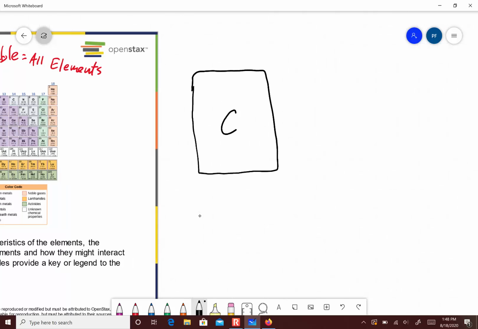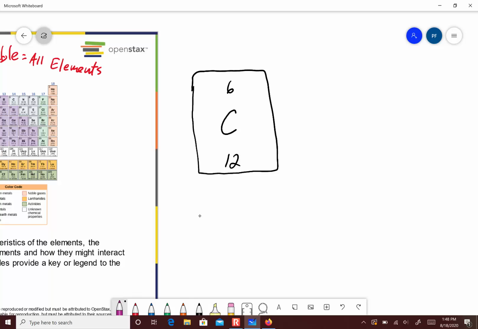Then you're basically going to see three things in it. There are different kinds of periodic tables, so the exact periodic table may have more or less in each box, but most that you see are going to have these three things. A letter in the middle, and then two numbers, one on top, one on bottom.